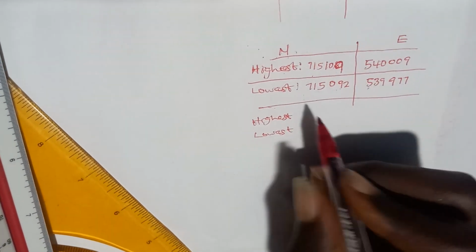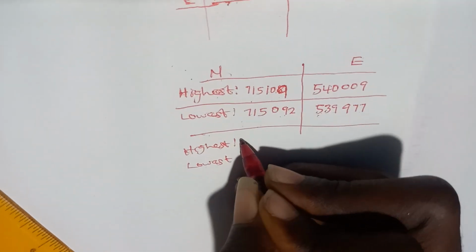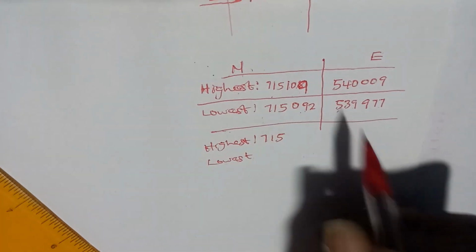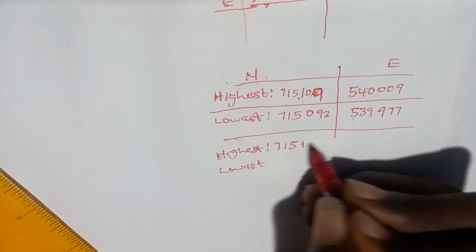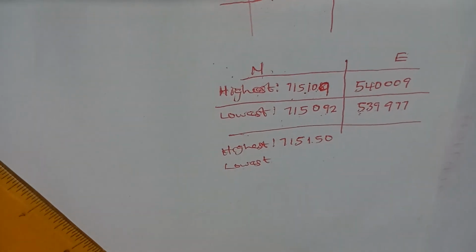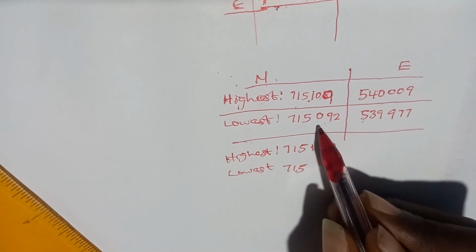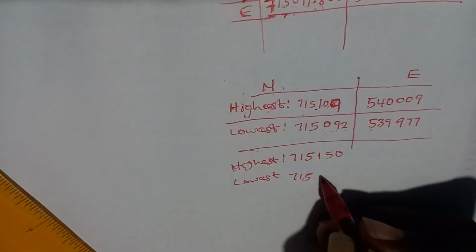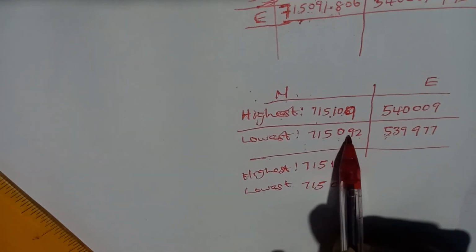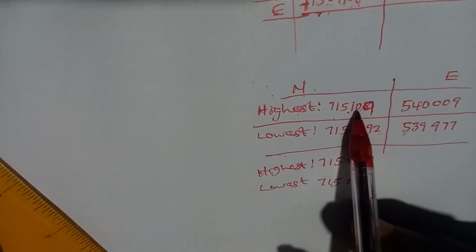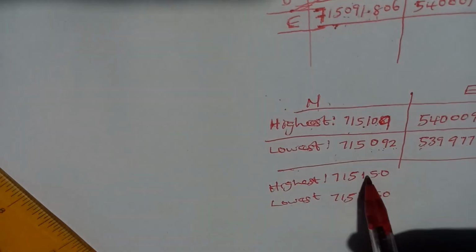For the highest, like I said, you add to it. So this is 715,109, and I'm going to make it 715,150. And for the lowest we have 715,092, so I'll write 715,050. That is, I've reduced it from 092 to 050, and increased 109 to 150.